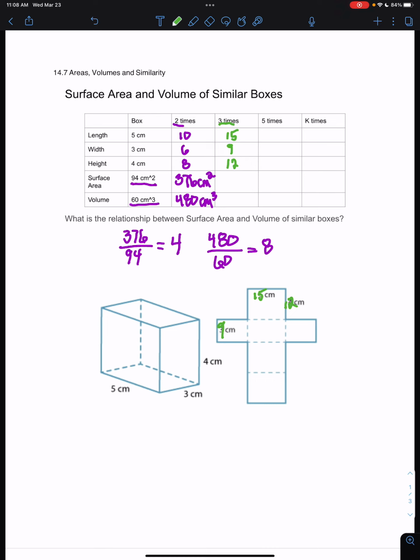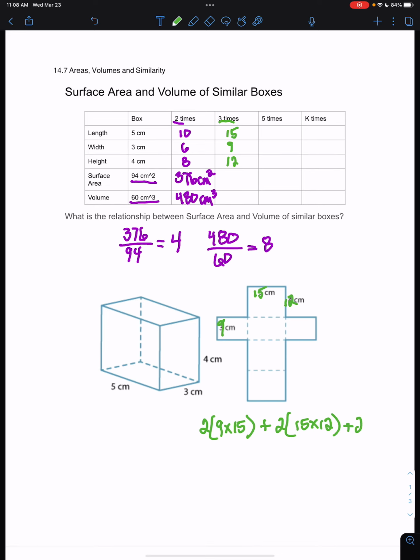So to find our surface area, if you remember, we're going to do 9 times 15 times 2 plus 2 times 15 times 12 plus 2 times 9 times 12.